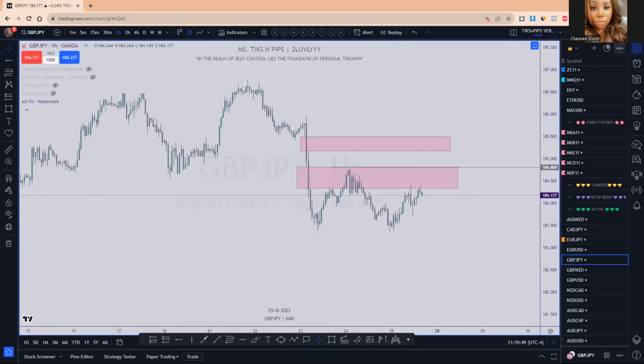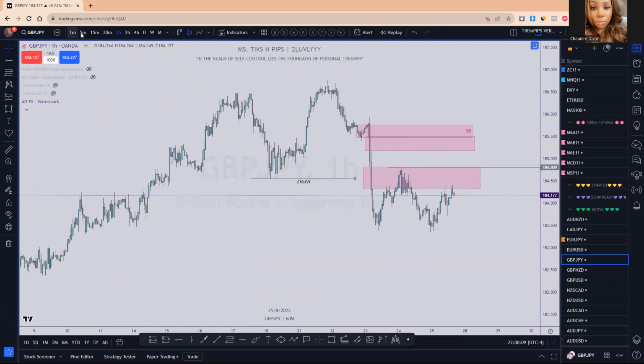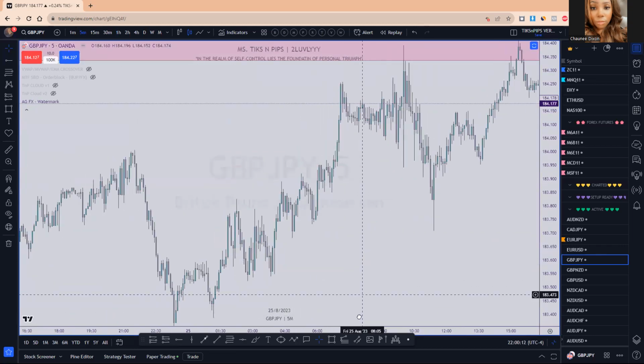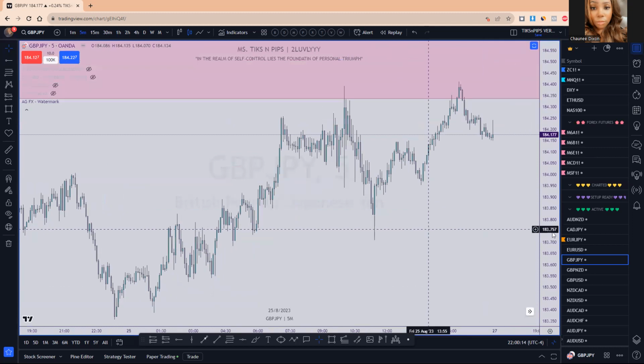I think I may have opened it up in another tab, but actually let me see something real quick. Okay, I'm going to move this over.